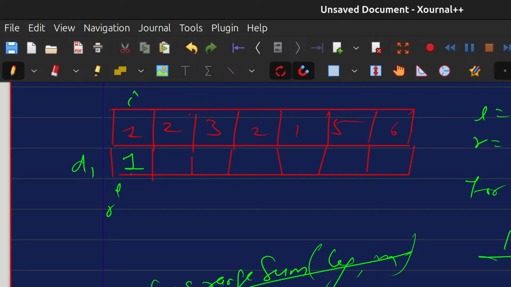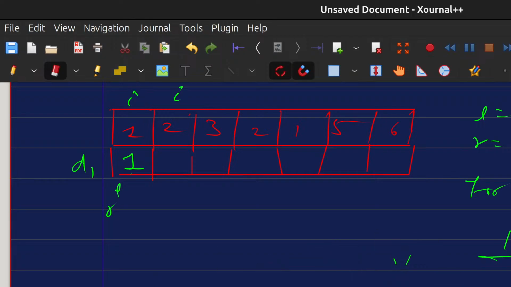Like this. Then again for this for loop, I will come here. In this case, let me tell you, what is K?